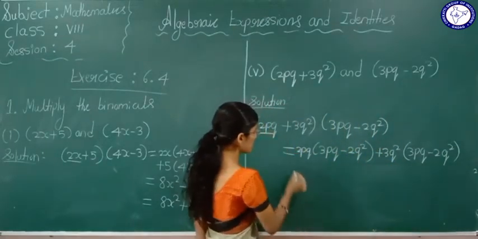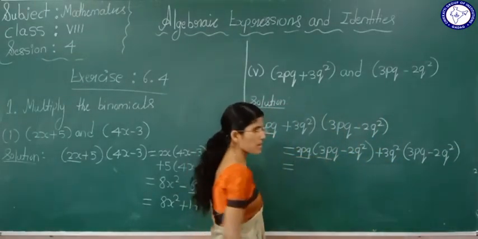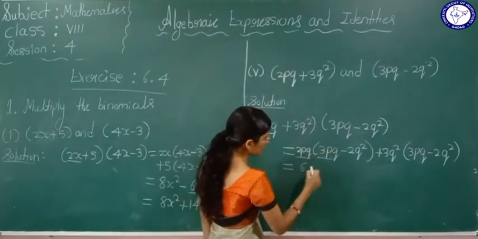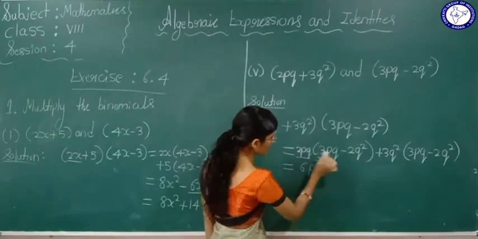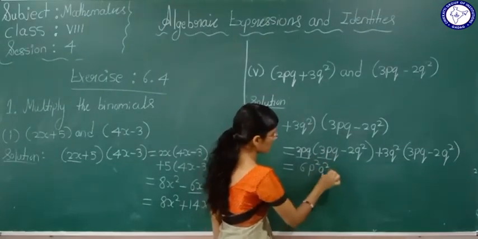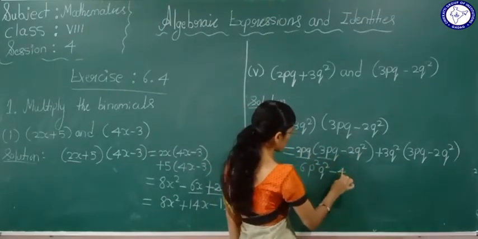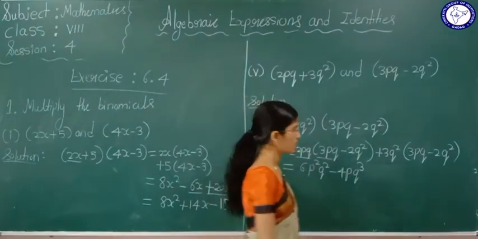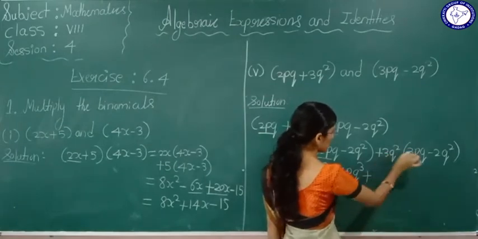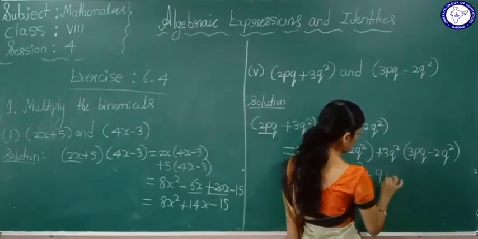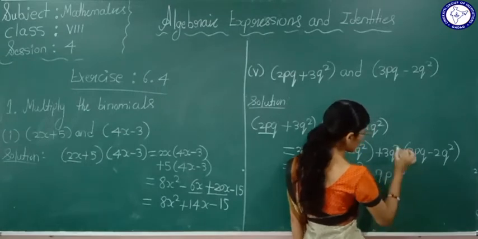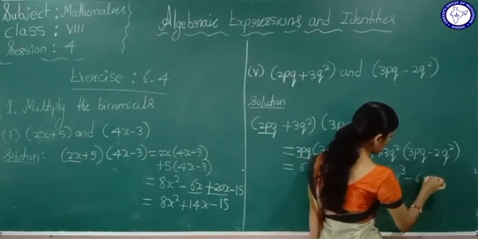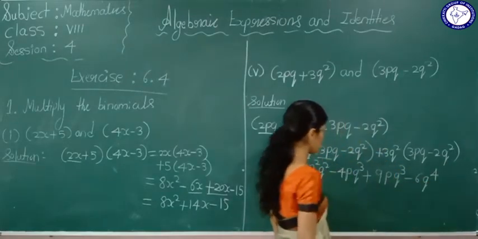Okay. So this is equal to, now you know how to multiply this, yes or no? Now see here, 2 3s are 6, p into p will be p square, q into q will be q square, minus 2 2s are 4, it will become p q raised to 3, okay, plus 3 3s are 9, p q raised to 3. Plus minus is minus 3 2s are 6, q raised to 4.